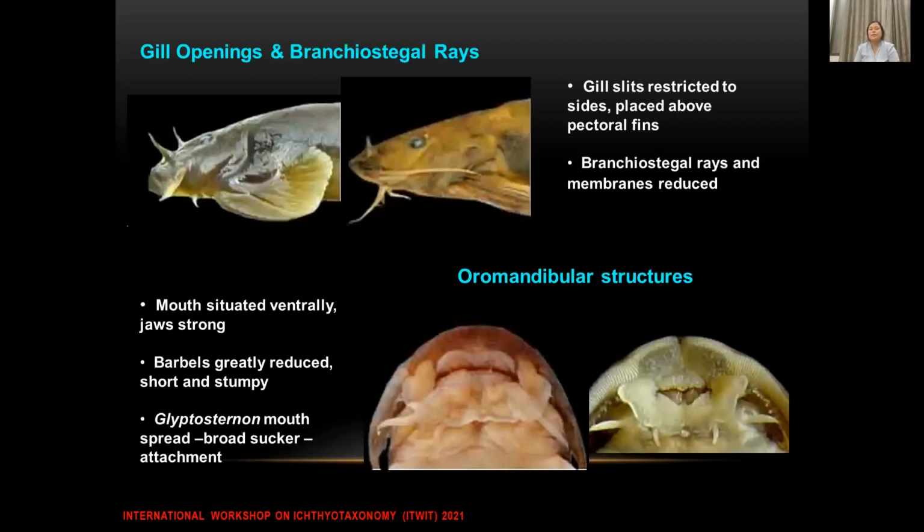The gill openings and branchiostegal rays: there will be more numbers, and the gill openings will be broad. Then we have the oral and mandibular structures: the mouth is situated ventrally, the jaws are very strong, and the barbels are greatly reduced, short and stumpy. And in Glyptosternum, the mouth is spread in a broad sucker type so that they can attach strongly.